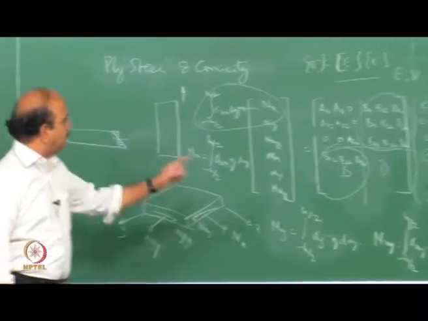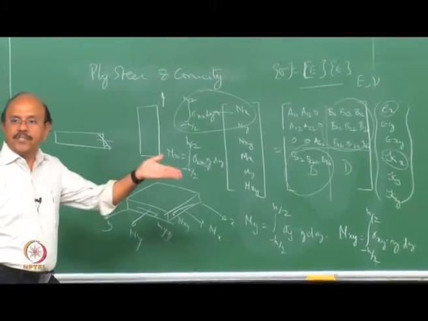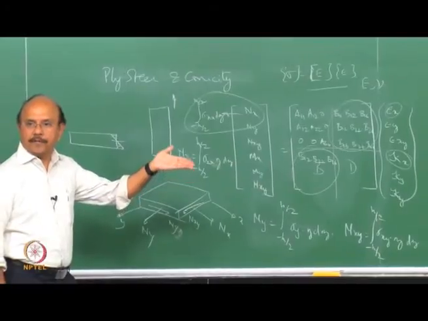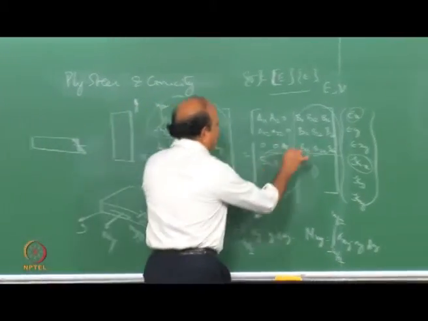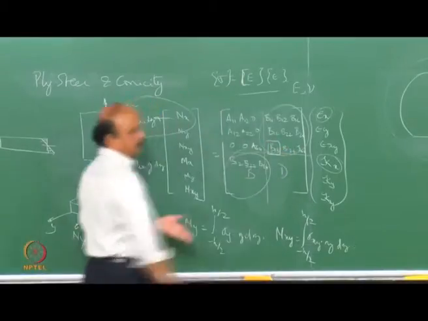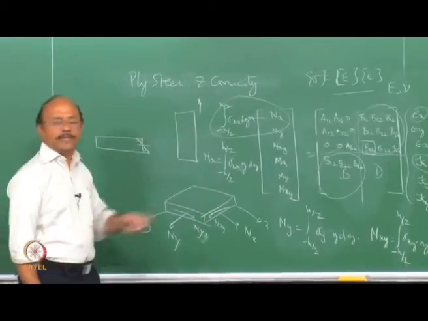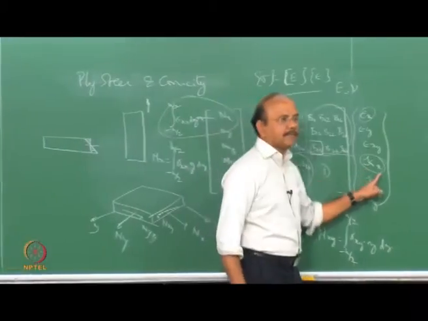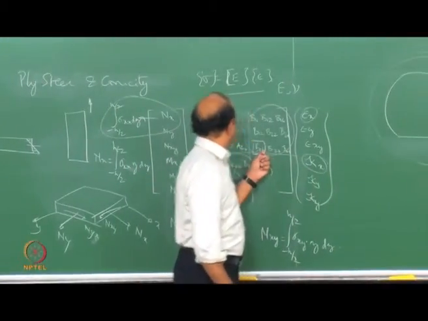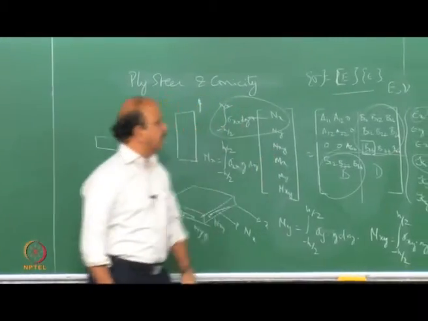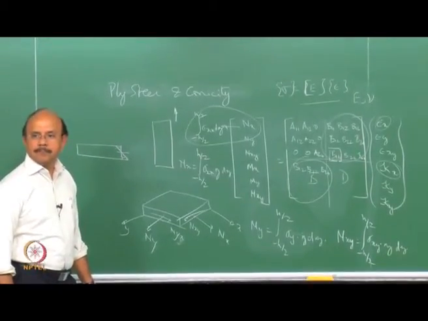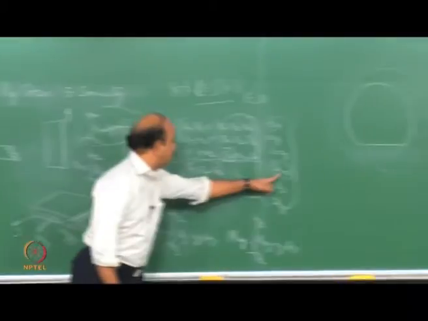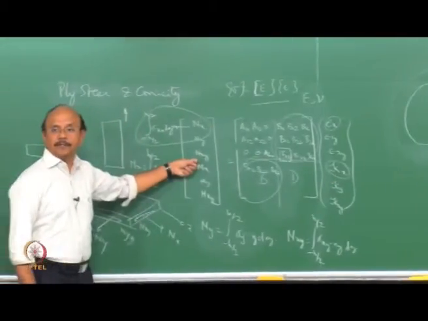I am attacking this. I'm attacking that. But when I attack that, in other words, when I change kappa x, the curvature, there is one term sitting here which I will multiply by kappa x in order to give nxy. I change this, I give an nxy term. It's a force term.